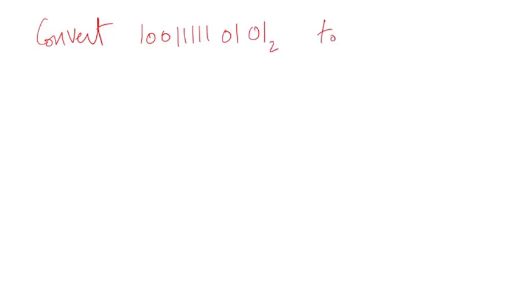So let's assume we have this binary number we want to convert: 1 0 0 1 1 1 1 1 0 1 0 1. This is in base 2. We want to convert it to hexadecimal.